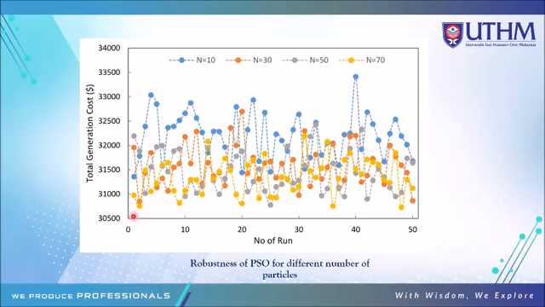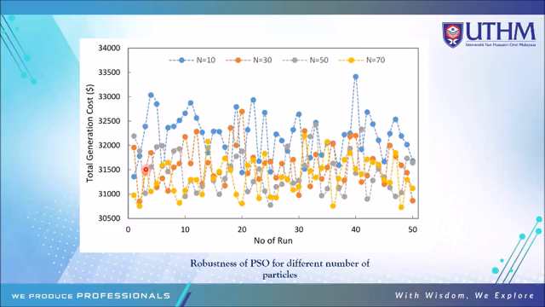For example, we refer to population size equal to 70, the yellow one. The first run, you get this result, which is the objective function that you try to minimize. But the second run, you get this value. The third run, you get a higher value. It's not consistent. A good algorithm can produce a consistent result.